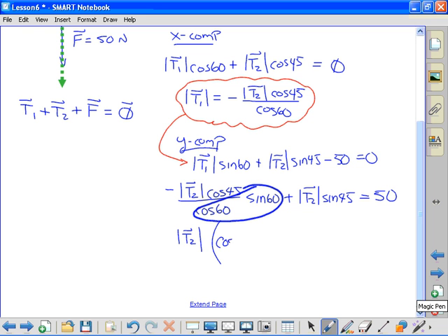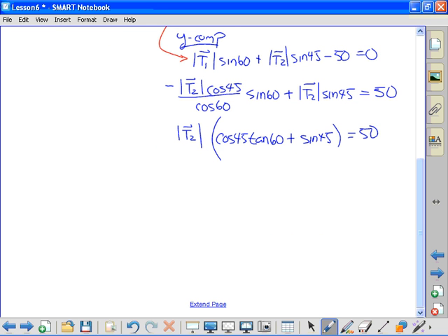So I'm going to have negative cos 45 tan 60 plus sine 45 equals 50. Final step then, and it should be a negative in there. Magnitude of T2 will equal 50 divided by negative cos 45 tan 60 plus sine 45. That's measured in newtons. So there's the final answer.